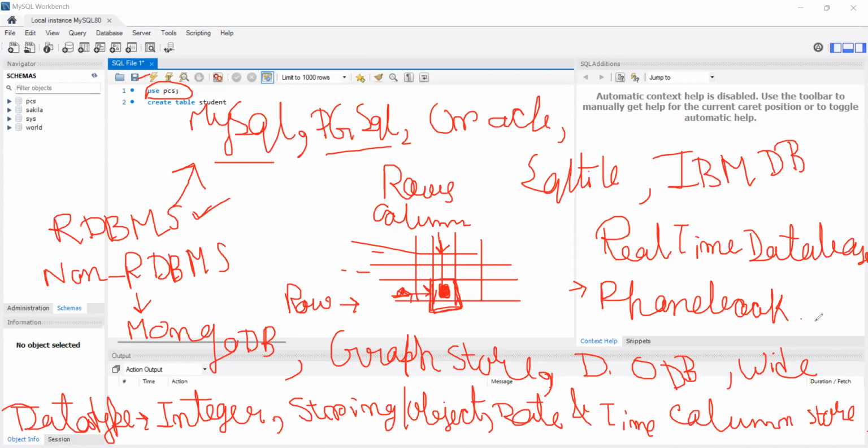Sir, what is the definition of real-time database? Real-time database means real time, how can we say? Real time means when you can gradually use it in your own way. It's not a particular pattern, not a particular day or time, just like the phone book. Is there a limitation to store something?